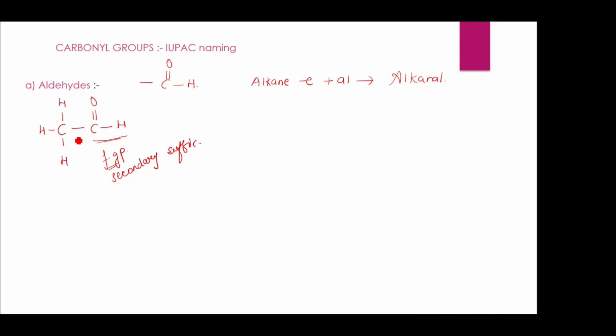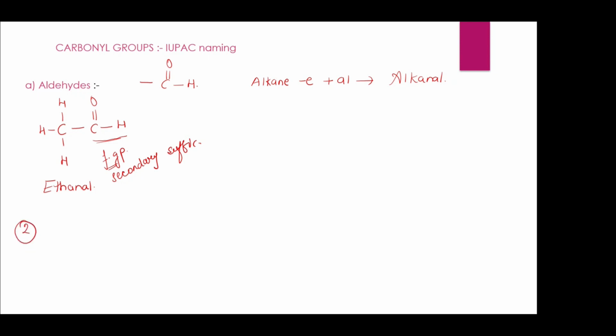Since only two carbons are there, the name of this compound is ethanal, from ethane. Same thing: eth plus an plus al. Again it starts with a vowel, al, so again the e is dropped from the "ane".